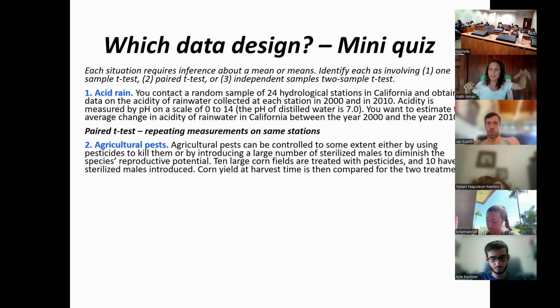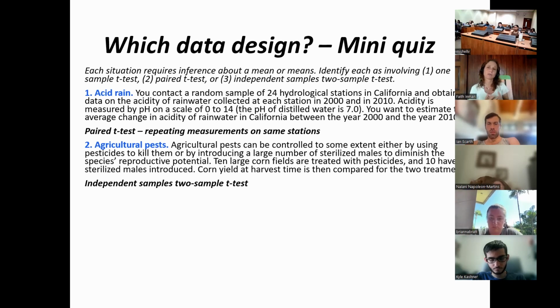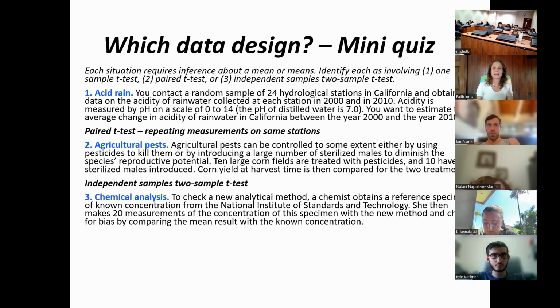In this case, we have 10 cornfields. We added pesticide, 10 cornfields. We did the sterilized male treatments. Assuming they're not right next to each other, and it could be a different experimental design, this would be an independent samples two sample t-test. Right?